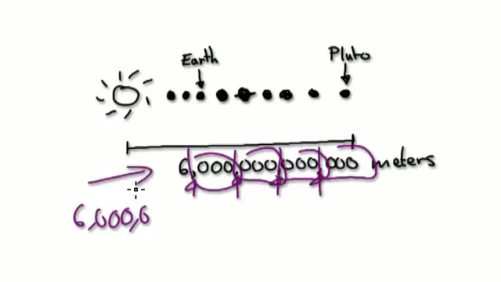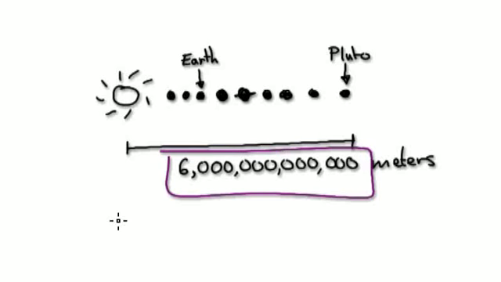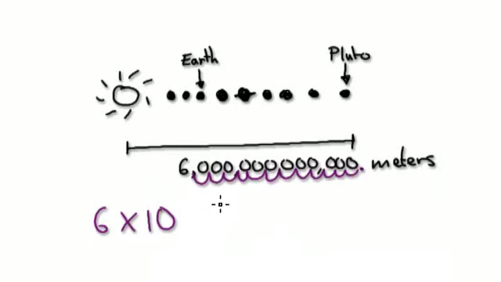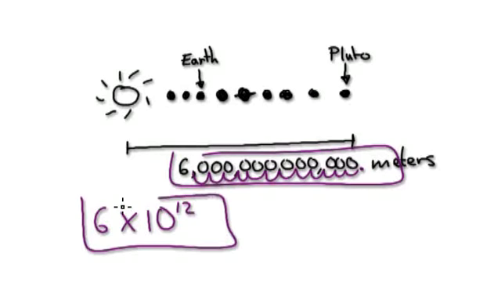Anyway, rather than writing this really big number here, we can use standard form. So you can just write 6 times 10 to the power of, bear with me, start here: 1, 2, 3, 4, 5, 6, 7, 8, 9, 10, 11, 12. So rather than writing this long number, I can just write 6 times 10 to the power of 12. So this number here is the same as this number here.